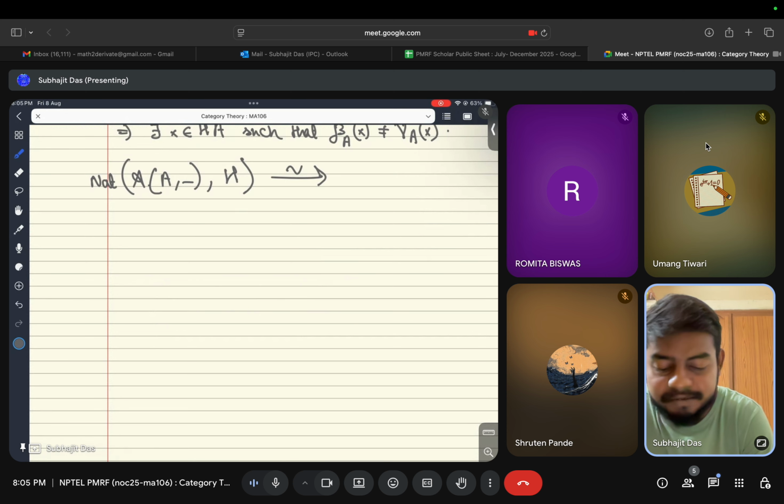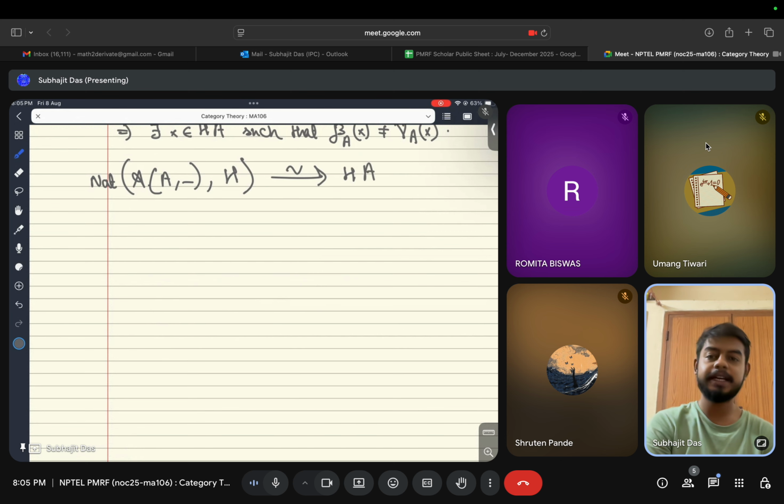You have a bijection from this set to the set HA, right? And this bijective map is natural in both A and H. We won't be using the naturality in the variable A, but we'll be using the naturality in the variable H.